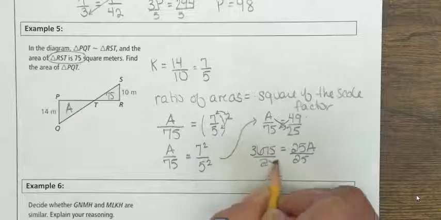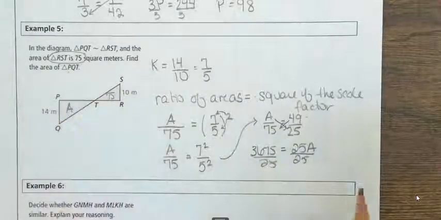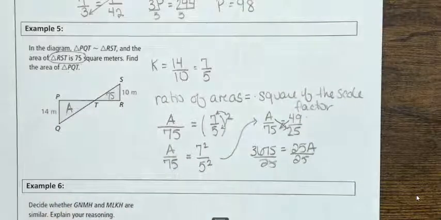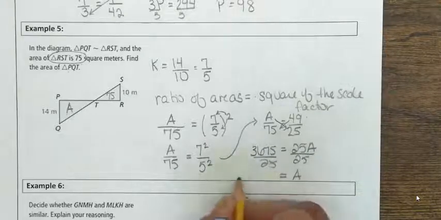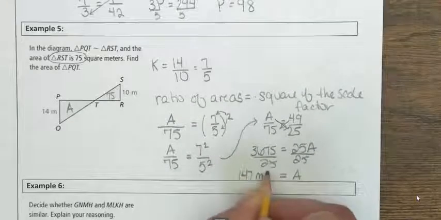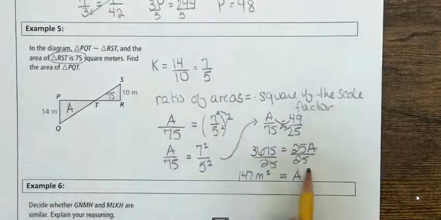And that's actually what I need to find, right? Find the area of triangle PQT. So divide everything here by 25, and I'm getting 147. So it's 147 meters squared, because originally we were in square meters. That's our units.